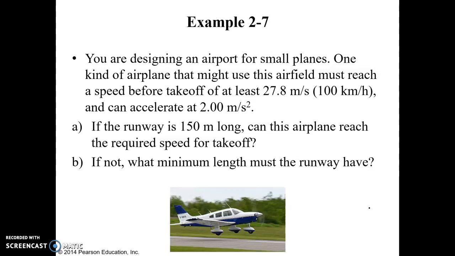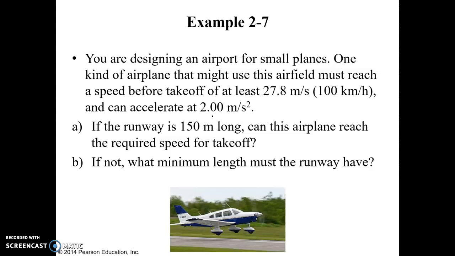So let's look at example 2.7 from the textbook. You are designing an airport for small planes. One kind of plane that is going to be using your airport has to reach a takeoff speed of at least 27.8 meters per second before it can take off. If it doesn't achieve that velocity, it will not take off.